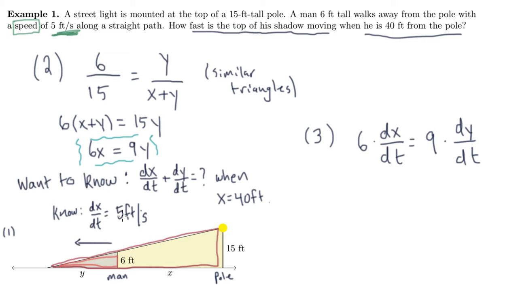And now I know dx/dt is 5, so this is 6 times 5 equals 9 times dy/dt.